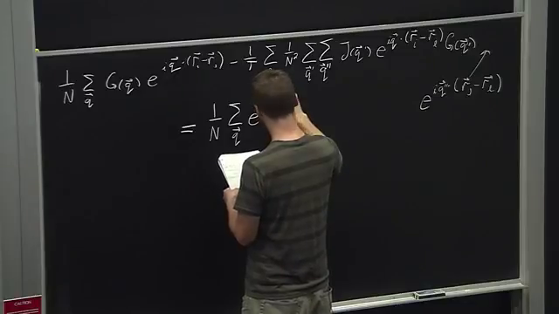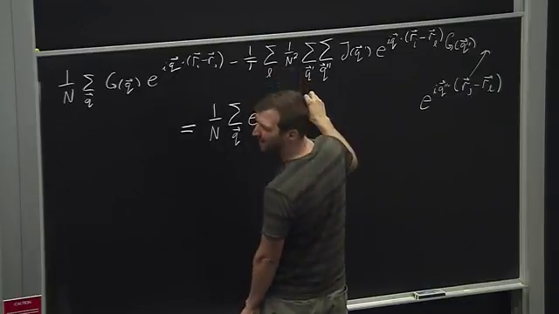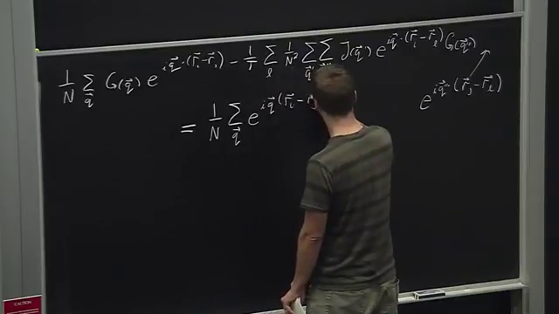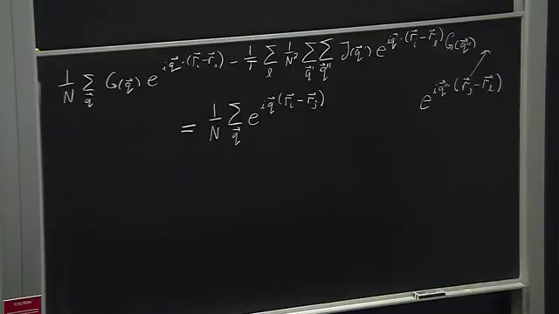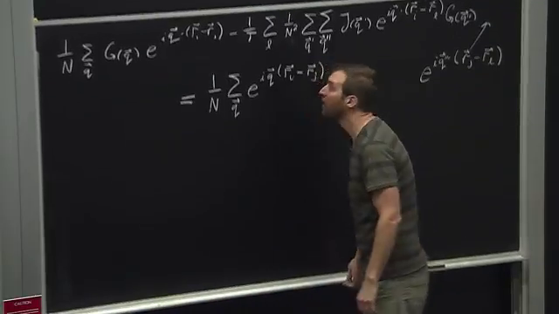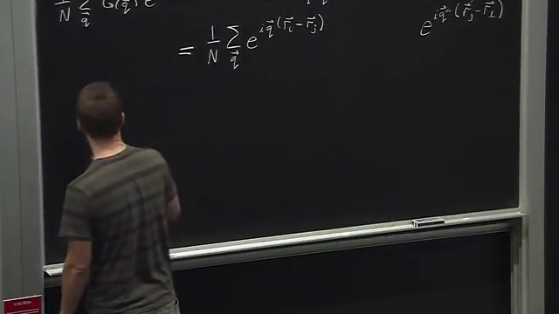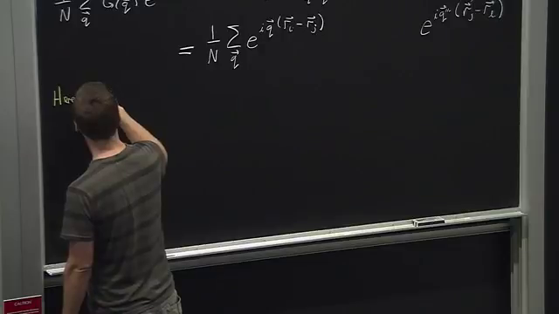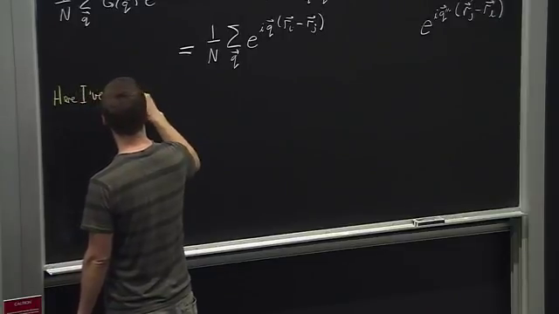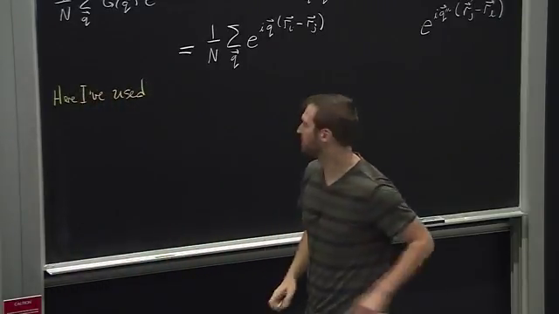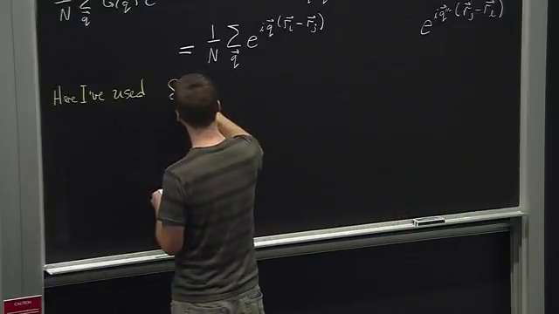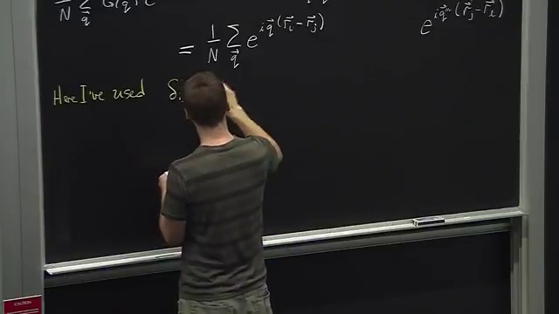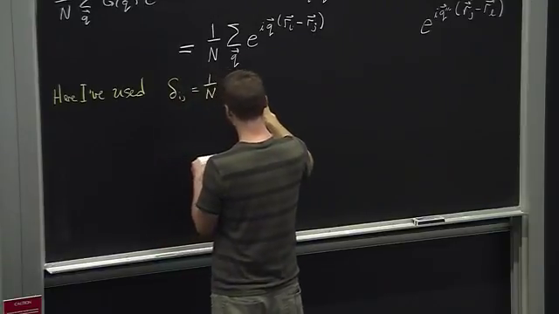I'll just use Q, J. Okay, so here I've used, let's make a note of it, the definition of the delta function, which is basically the only trick that is used in solving these expressions in Q space.